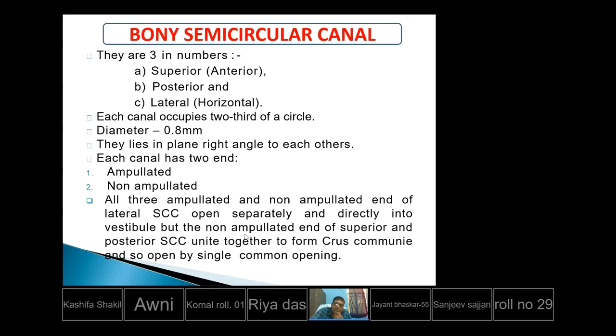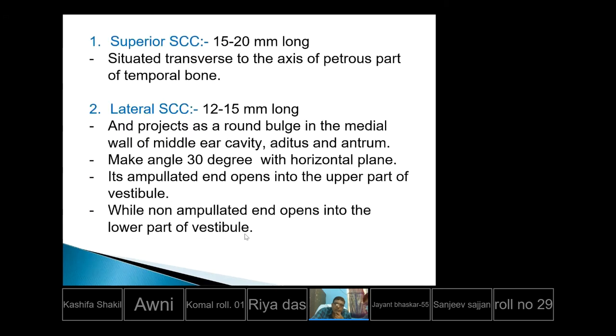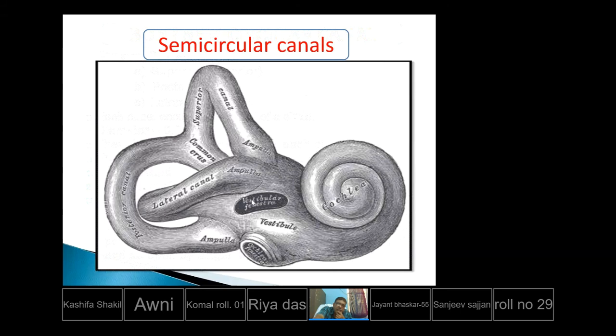You can see in the figure that all these circles are not complete. Only 2/3 is formed by each canal, and 1/3 is left as it is.